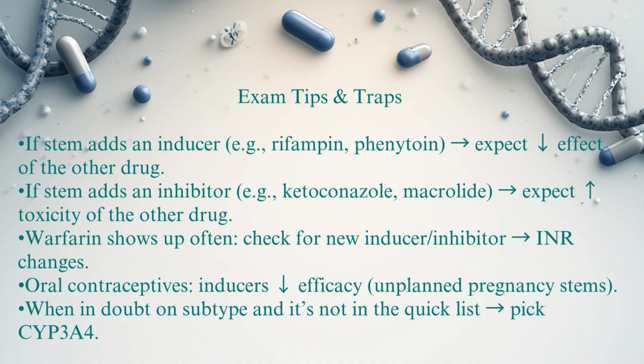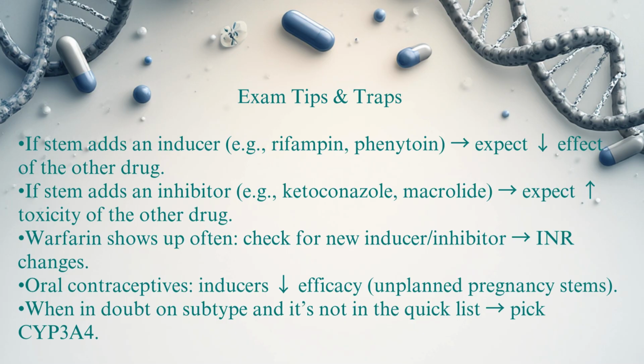And finally, for questions about specific CYP subtypes, if the answer choices include several enzymes and it's not clearly one of the big ones we've already talked about, like 1A2, 2E1, 2C9, or 2D6, the safest guess on board exams is usually CYP3A4, because it's the most common subtype and metabolizes the majority of drugs.